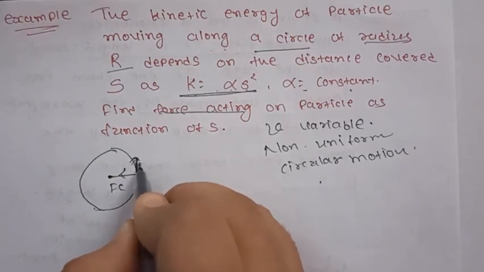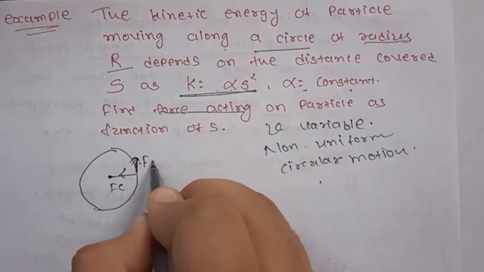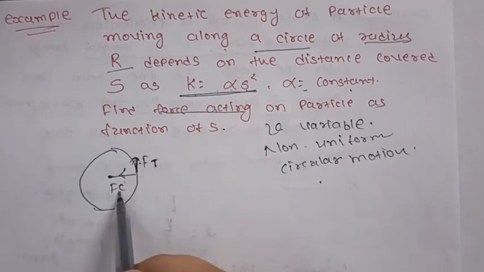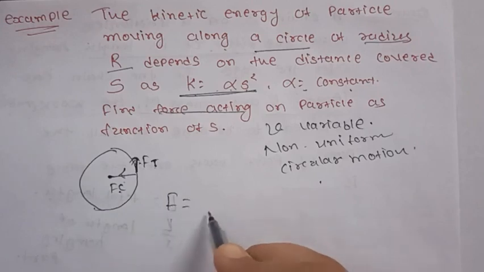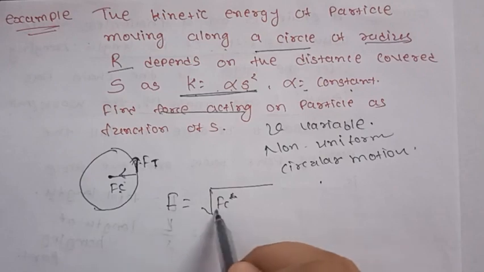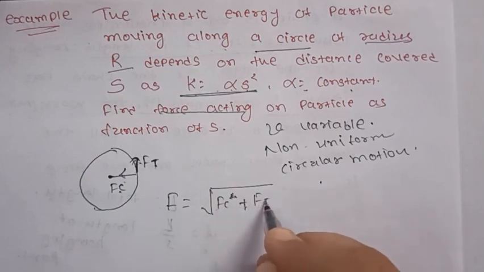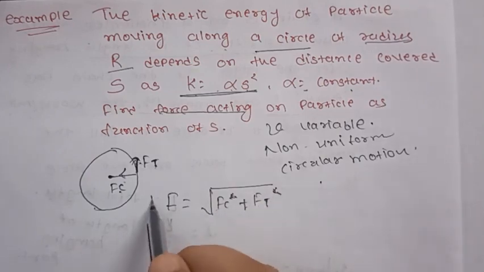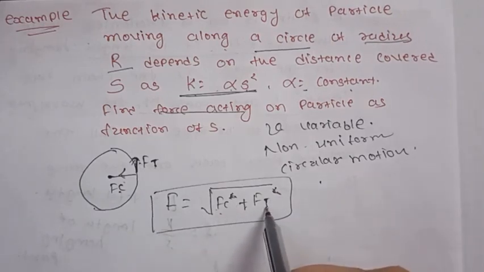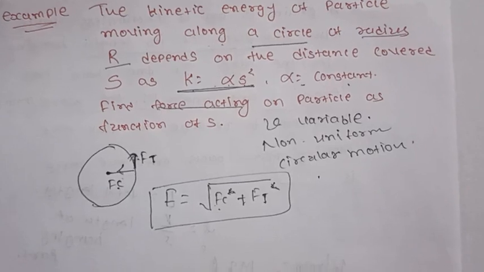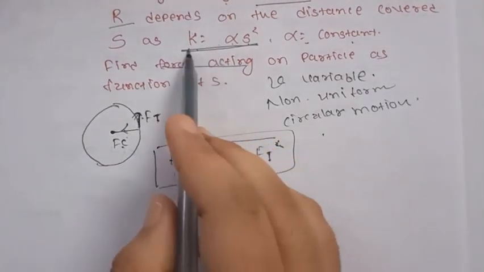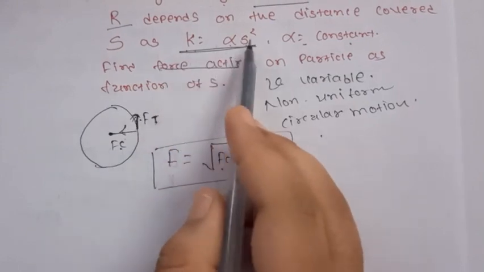Here, as the speed is increasing, the tangential force will be along the velocity. So the net force will be equal to under root Fc square, that is F centripetal square, plus F tangential square. So now our task is to find centripetal force and tangential force. First, we will find the centripetal force. It is given that kinetic energy is alpha s square.